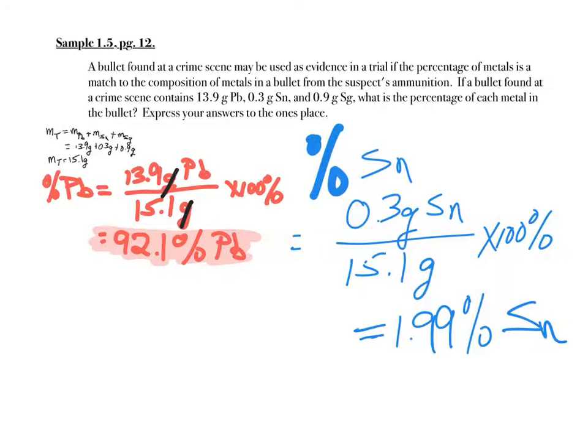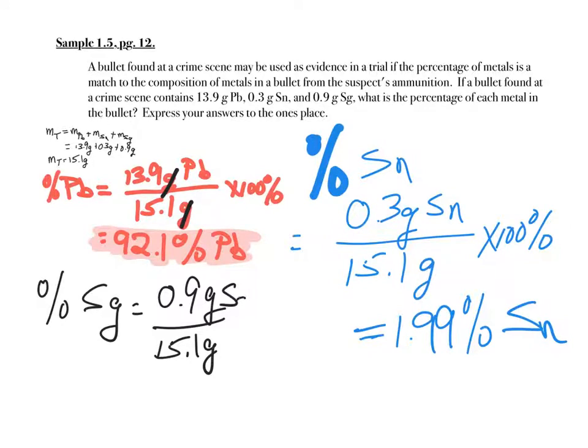Do the same thing for the antimony, and we get, there's actually two ways you could do this, but I'll do it the same way for antimony. And so the percent antimony is going to be 0.9 grams divided by 15.1 grams times 100%, and you get 5.96%.